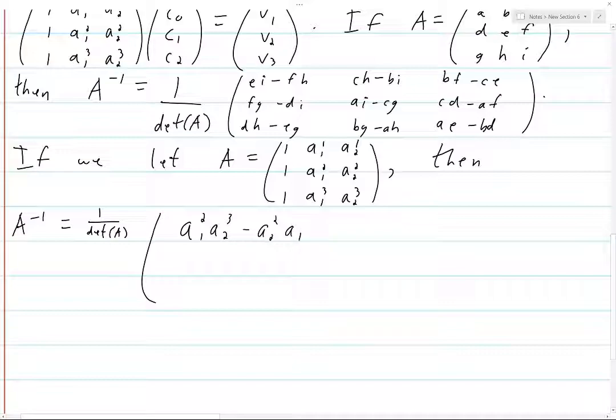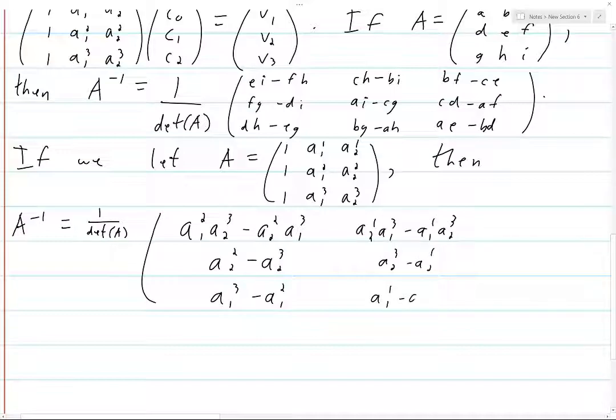A22, A13, A22 minus A23, A13 minus A12. Okay, so that's the first column. Second column, A21, A13 minus A11, A23, got A23 minus A21, got A11 minus A13.